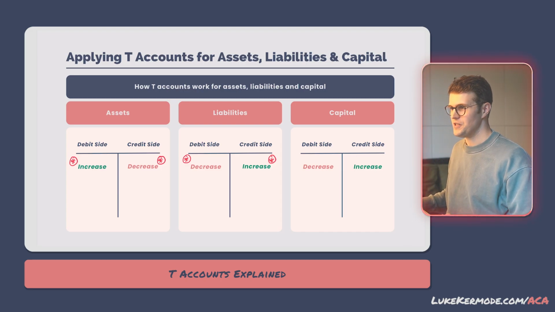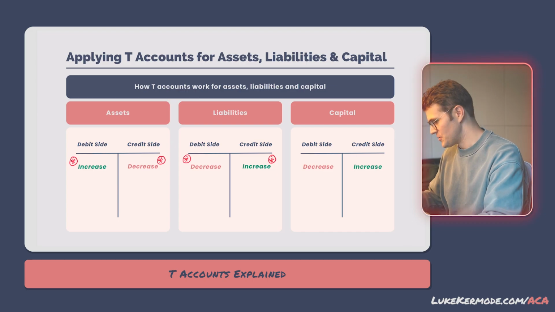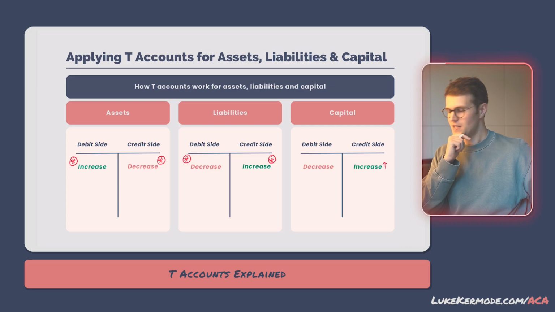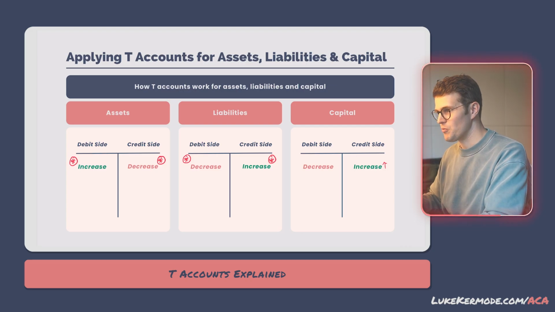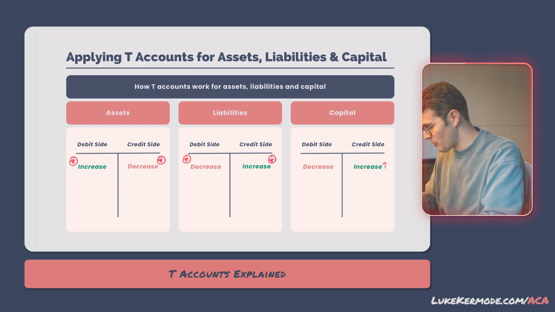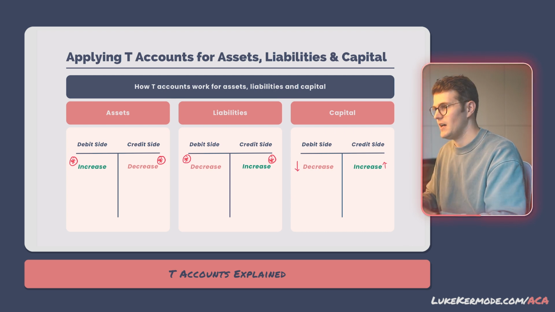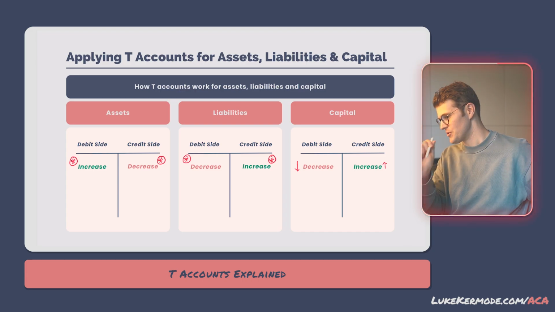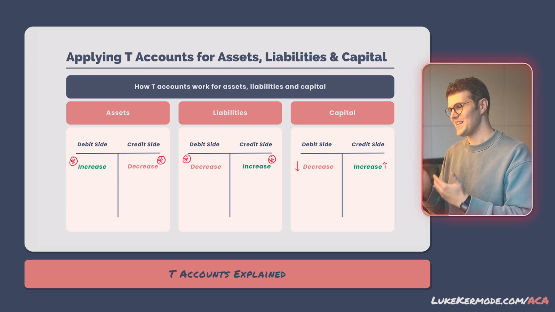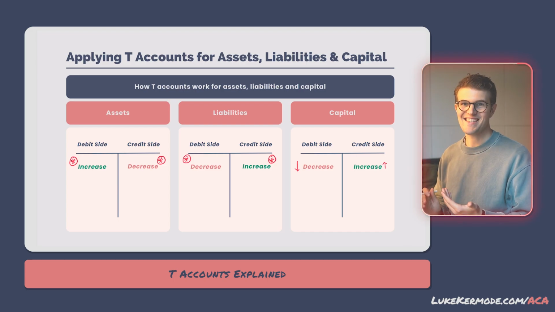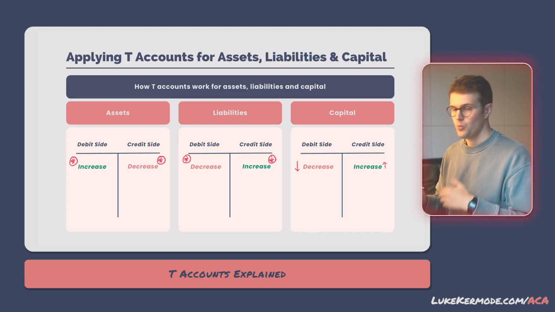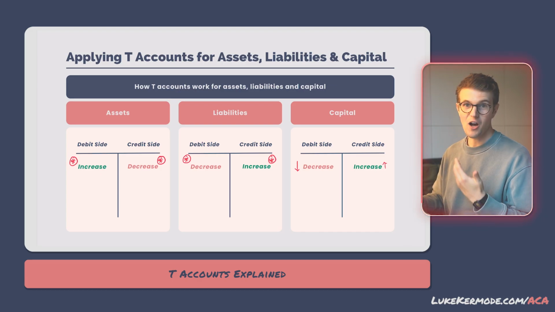So if the owner introduces more funds into the business, then capital is going to increase, and that's shown on the credit side of the account. Whereas if capital is withdrawn, say through a drawing, that's going to be recorded as a debit on the left-hand side of the T account. So while assets increase on the left, liabilities and capital increase on the right. Once you start to understand this pattern, interpreting and preparing T accounts becomes much more intuitive, and recording transactions within them is going to become, over time, second nature.